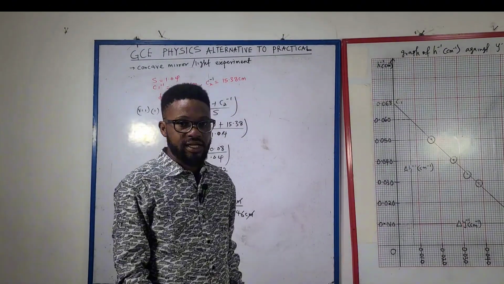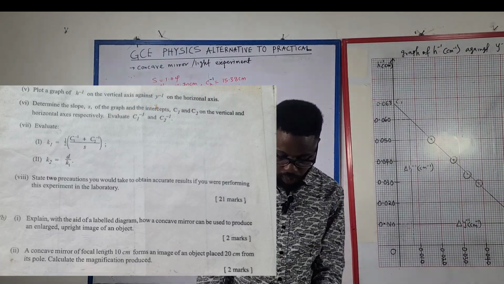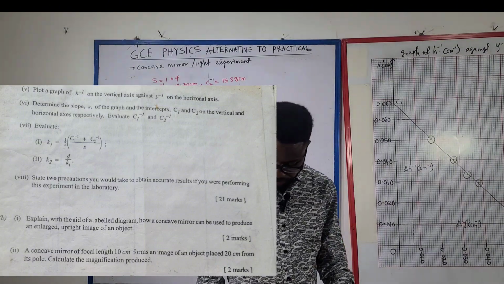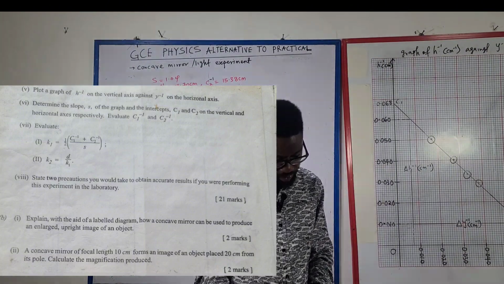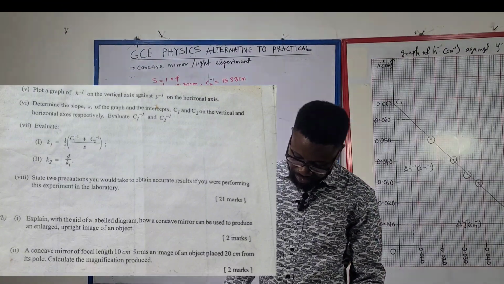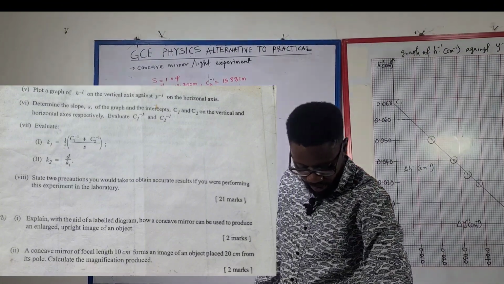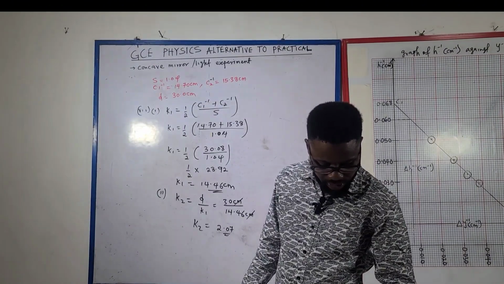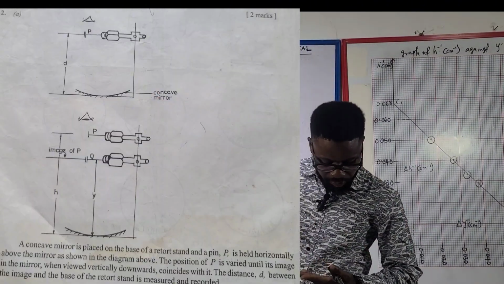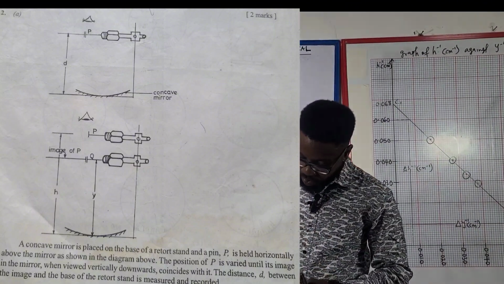The next question is VIII. Question 8. State two precautions to obtain accurate results if you were performing this experiment in the laboratory. Recall from the diagram on your screen, there was a retort stand used to hold the pin in a flat horizontal position.